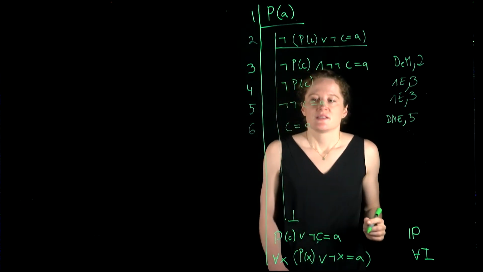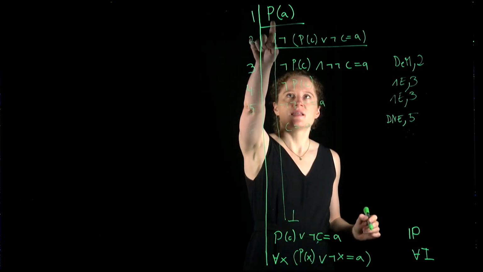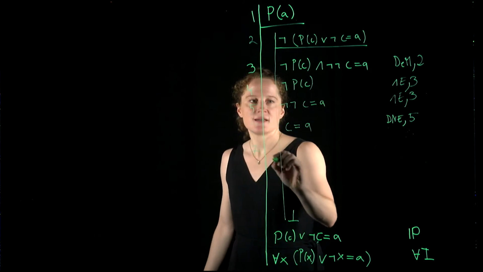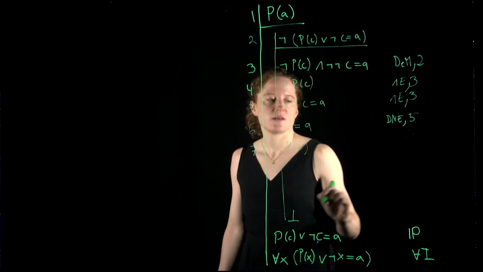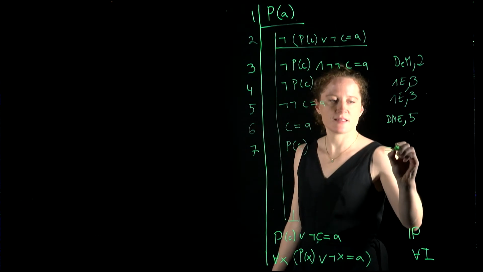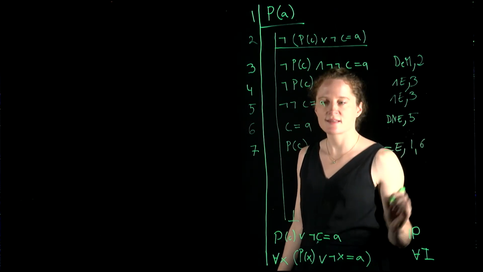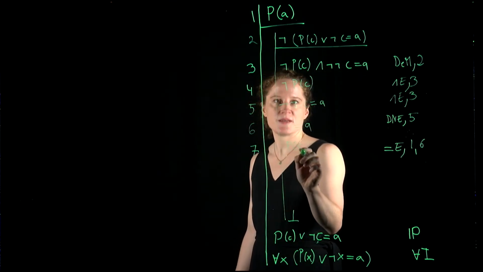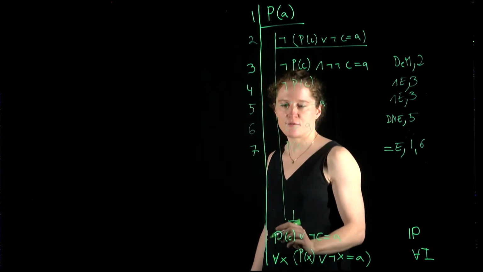Okay, and now I see that C equals A, and I also see that A is P. So that allows me to infer that C is P using identity elimination applied to line 1 and line 6. But now I see that I have the sentence PC in line 7, and I have the sentence not PC in line 4.